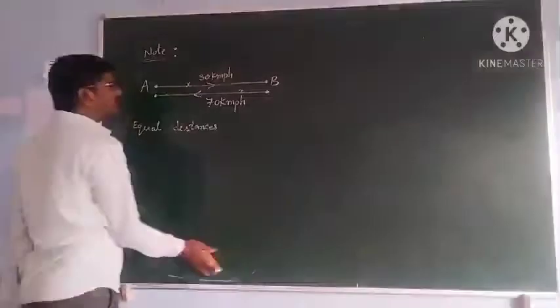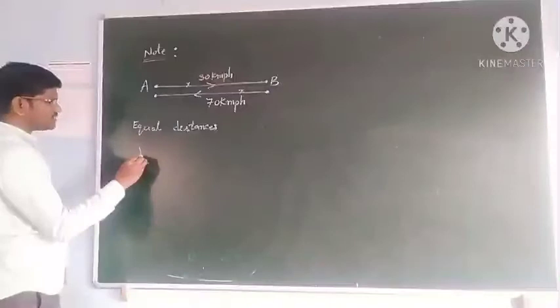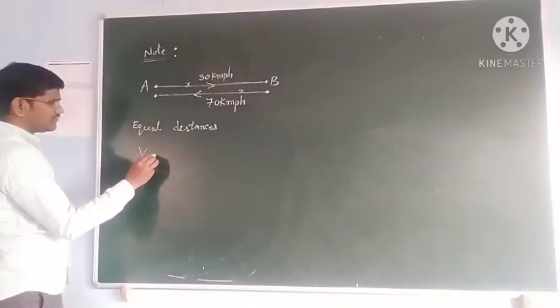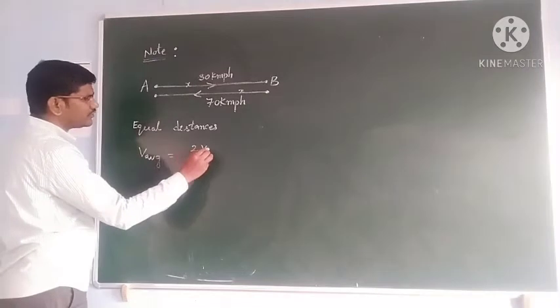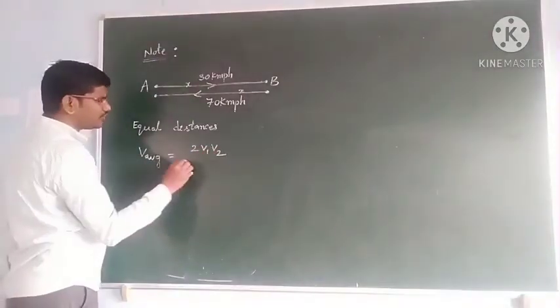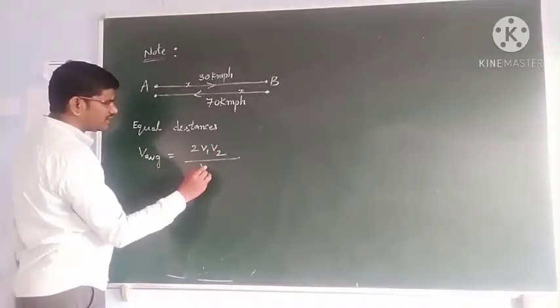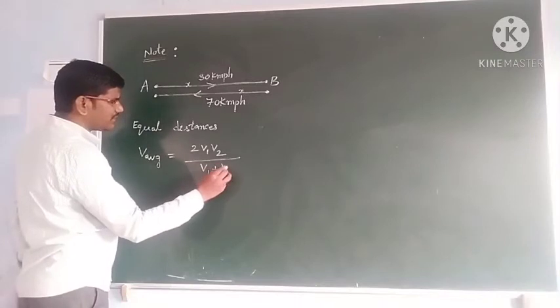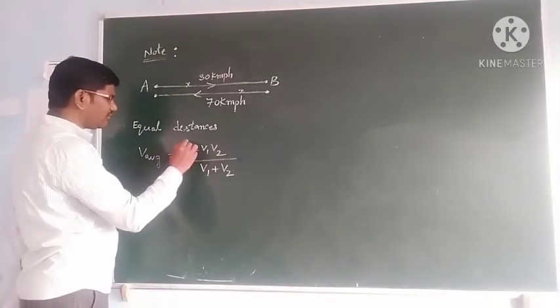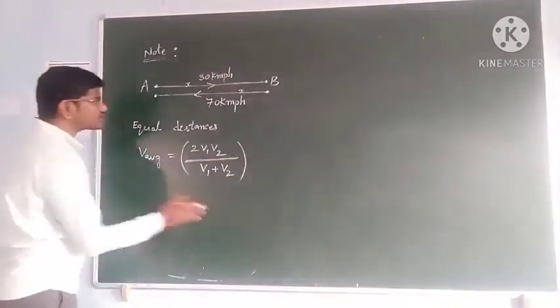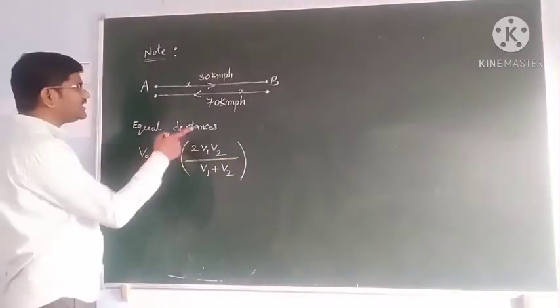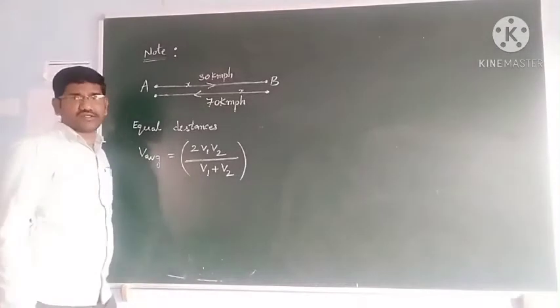So it covered equal distances, which means we can use the average speed formula V average equals 2 into V1 into V2 by V1 plus V2. Okay students, find the average speed in this situation I asked you.